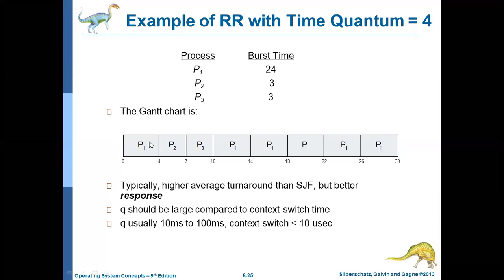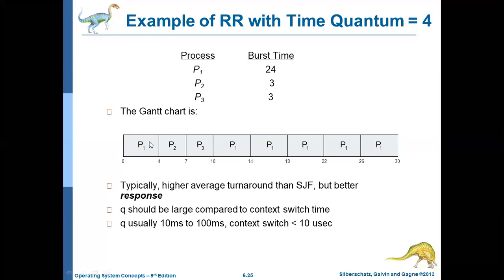Whenever the 4th second is completed, it switches to the next process P2. P2 takes 3, so 4 plus 3 is 7. Then P3 enters the ready queue. 7 plus 3, 10. P3 execution completed.